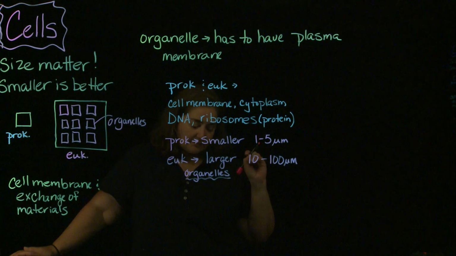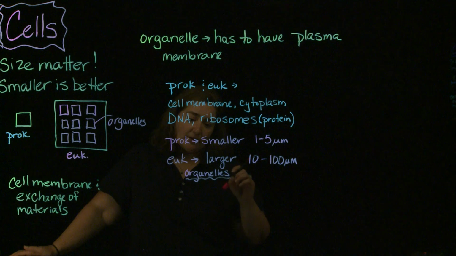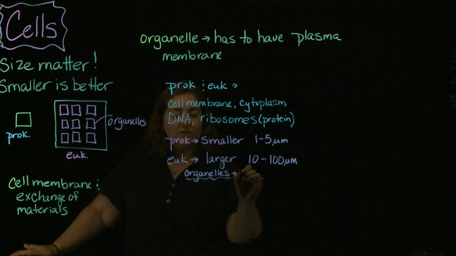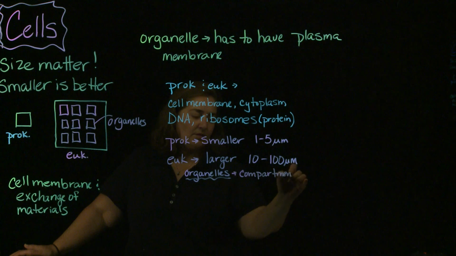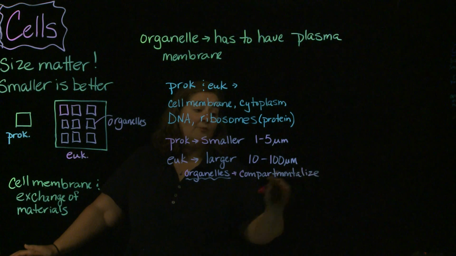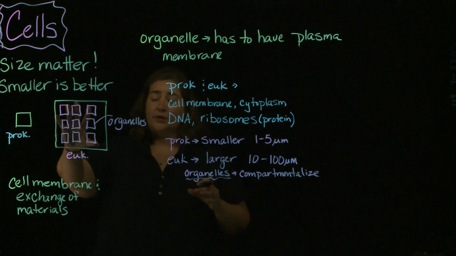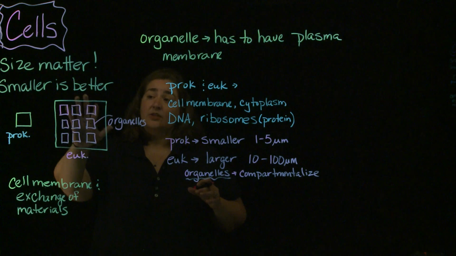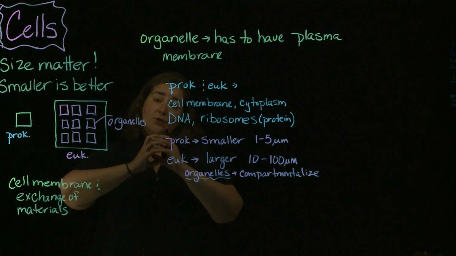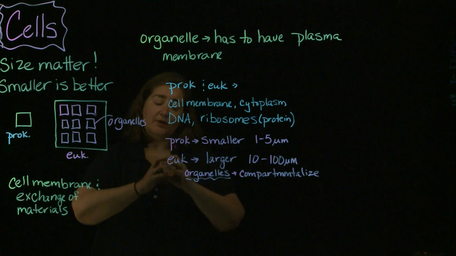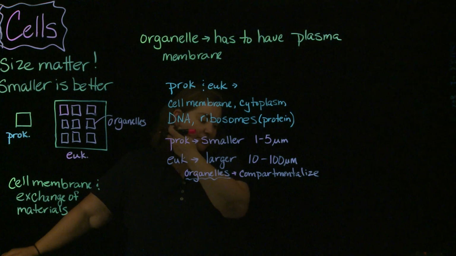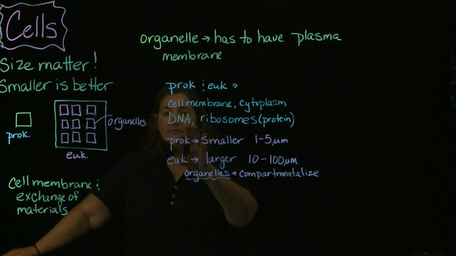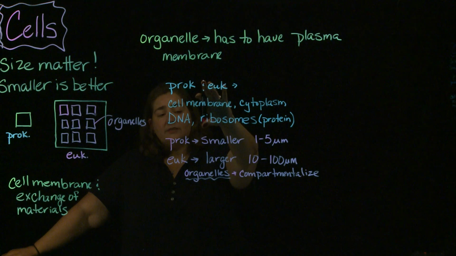And the advantage that eukaryotic cells have, the organelles work to compartmentalize, or what I drew here, essentially work to increase the surface area by essentially surrounding portions inside the cell with plasma membrane for a particular function. Okay, and that's what the organelles are going to do. All right, so those are some of the similarities.